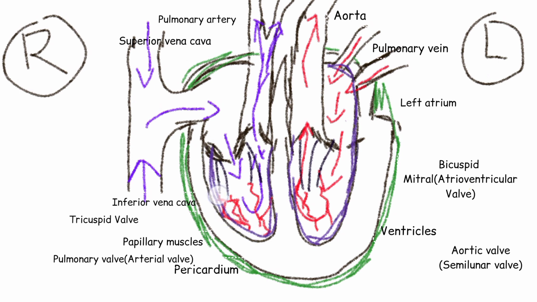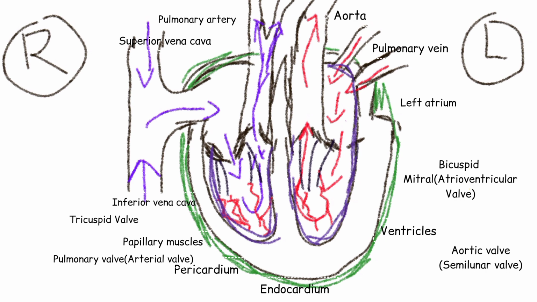So it's a nice smooth surface of squamous vascular endothelial cells, and this is called the endocardium. Endo means inside, and the endocardium is the inner layer of the heart.